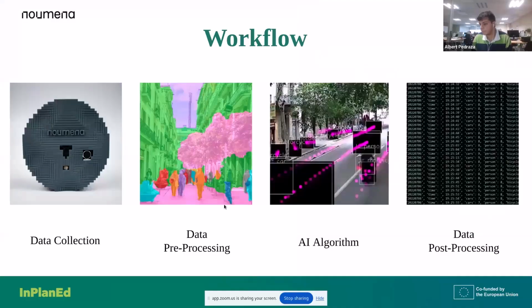In Noumena, we use a concrete workflow that we advise using. It's four steps. The first step is the data collection using our camera devices that are deployed in place in the different streets. Then there is data preprocessing that enables us to enhance the collected images, and it removes brightness and other problems that may occur in those images to make them better. Then we deploy the AI algorithm.